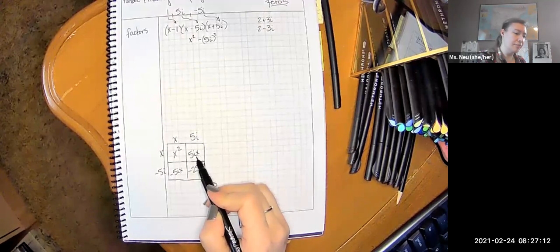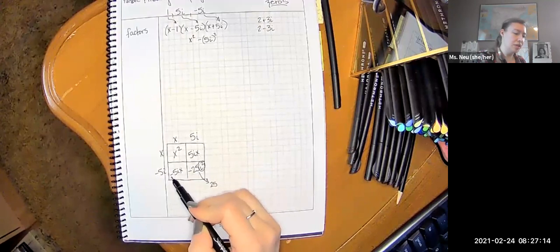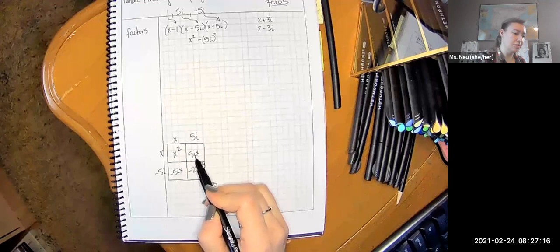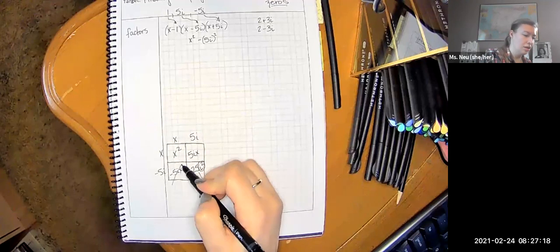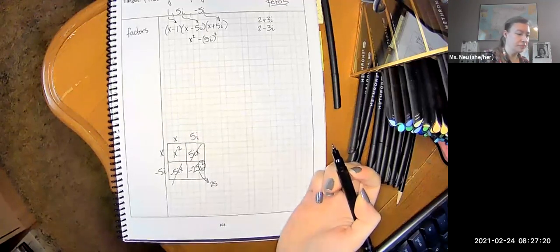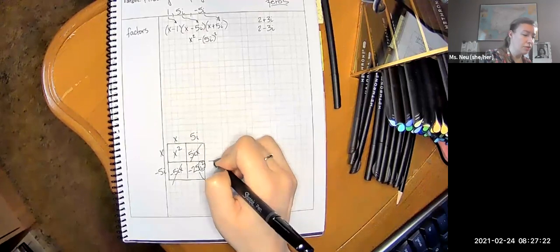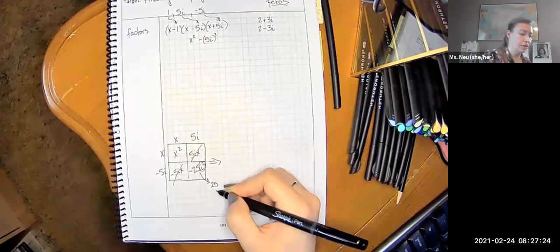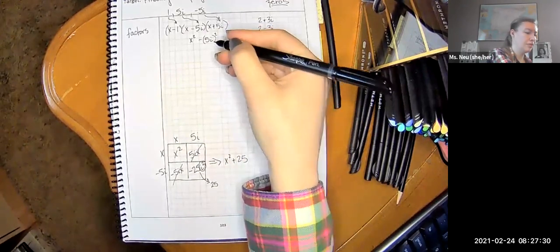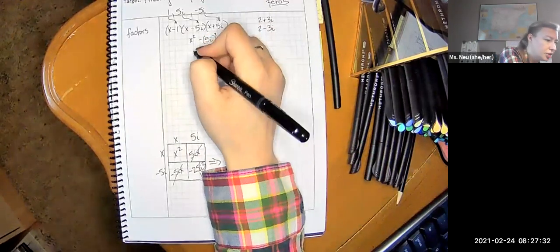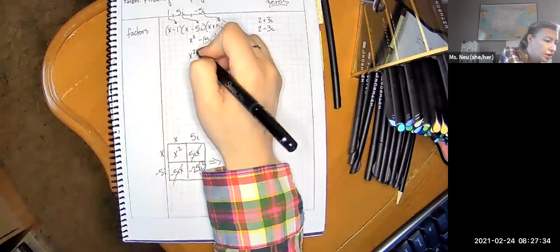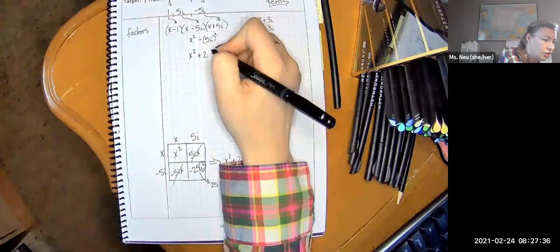They're exactly the same, except this one is negative and this one is positive. So they cancel. And I'm left with x squared plus 25. Oh my gosh. Fabulous, fabulous, fabulous. Just like what we have up top. So now I have x squared plus 25.